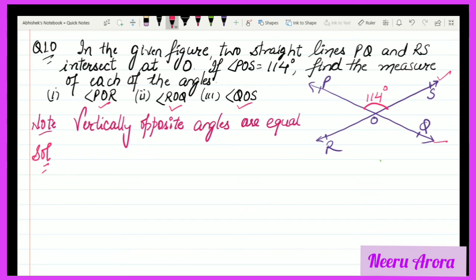Whenever two straight lines intersect at a common point, they form four angles: POS, POR, QOS and ROQ. So POS is vertically opposite to ROQ.